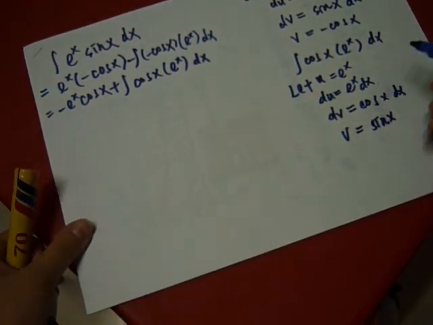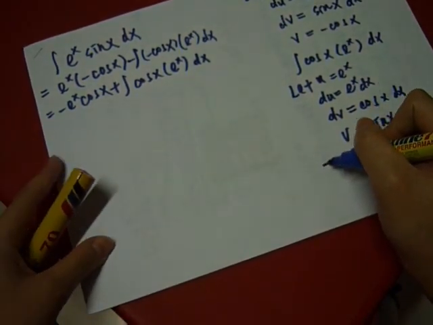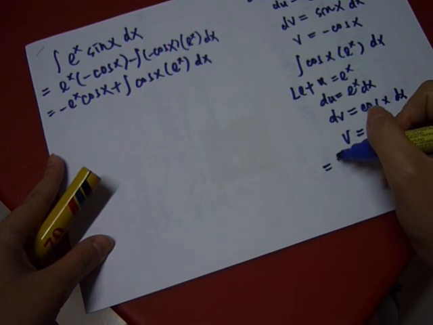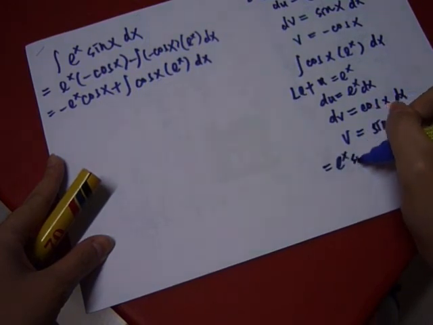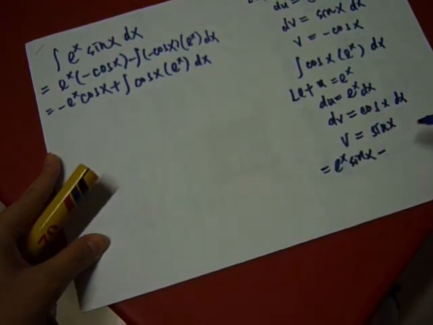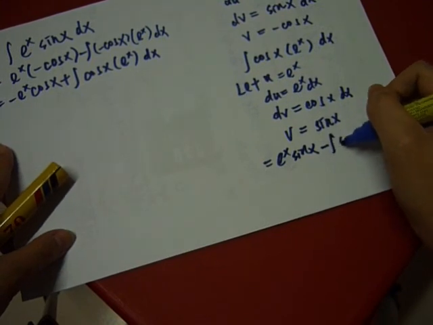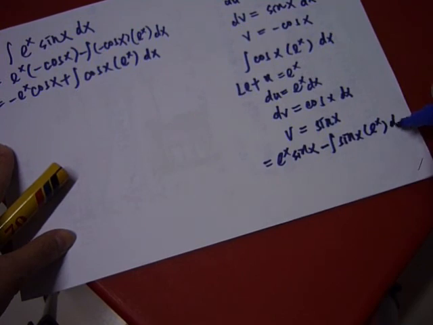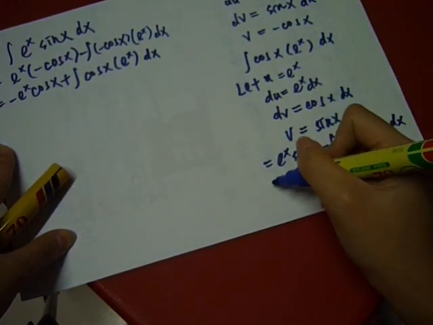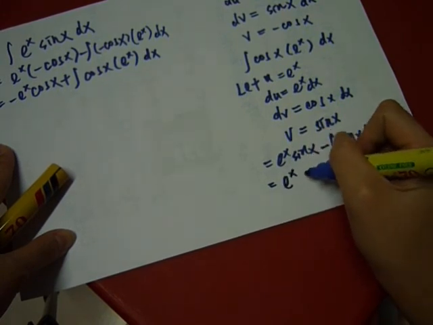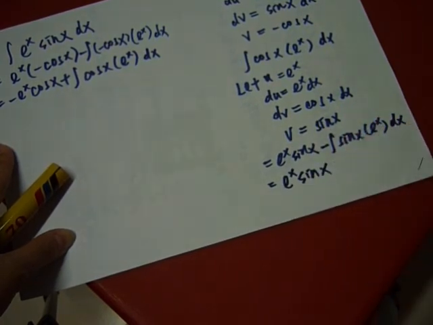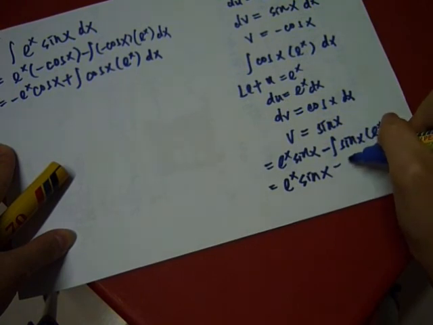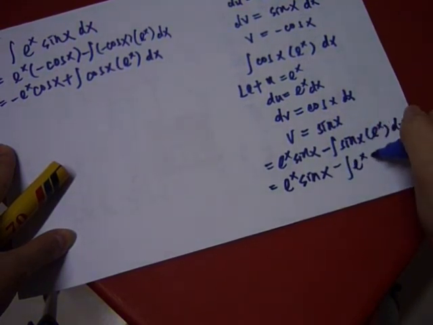So apply the formula again. We will get e^x sine x minus integration sine x e^x dx. Then it is equal to e^x sine x minus integration e^x sine x dx.